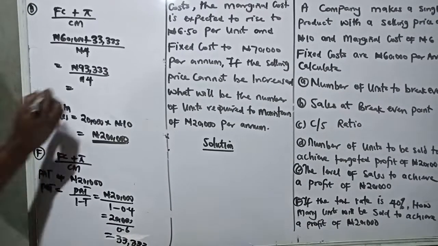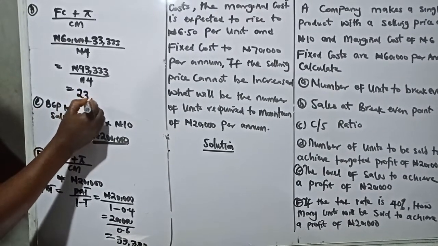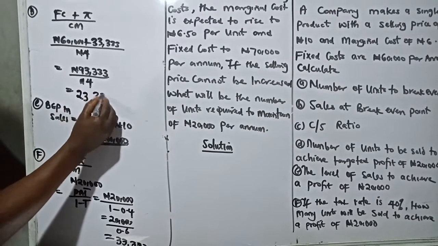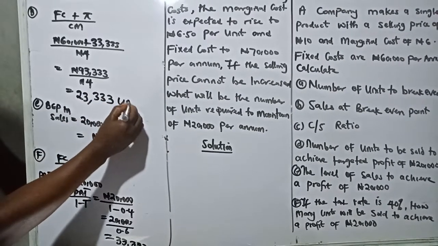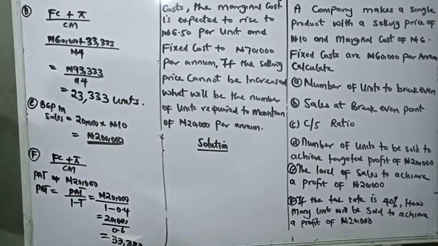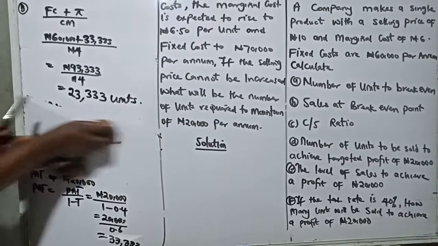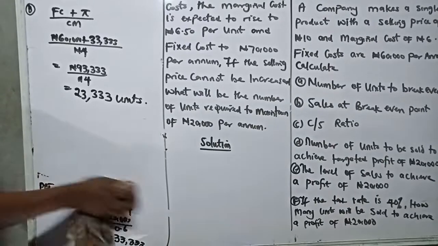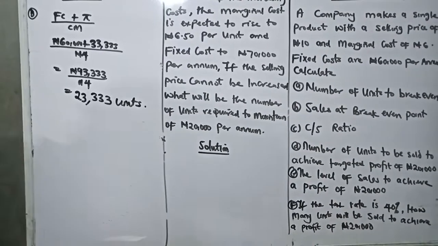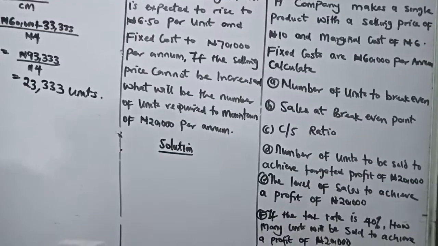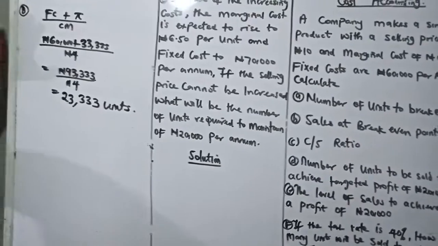So the unit is 23,333 units. So at this point we are done with this part.